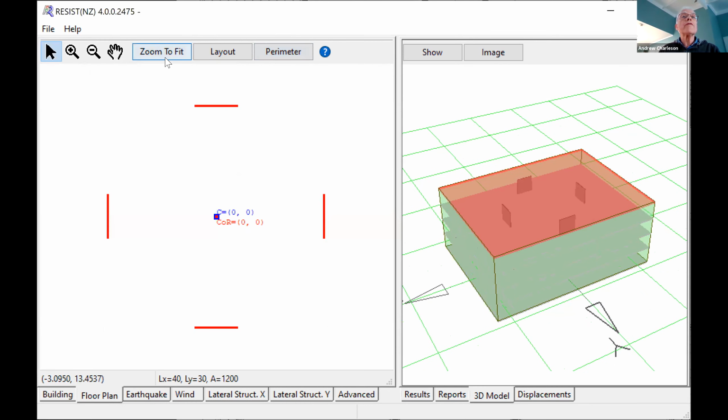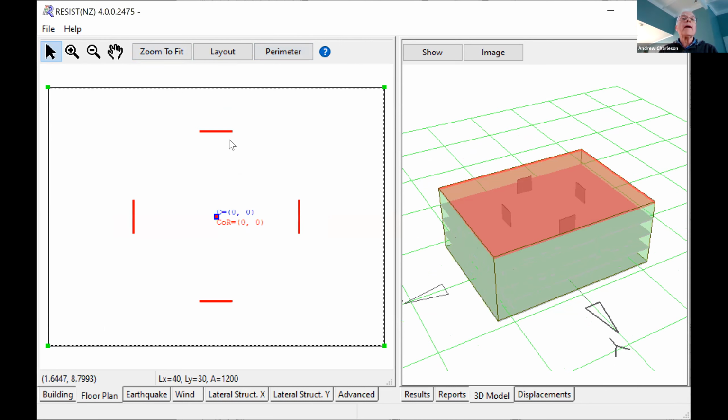And I do zoom to fit. Now, these walls here are the default structures, and I will be changing them in a minute, but I'll just put them on the perimeter at this stage.